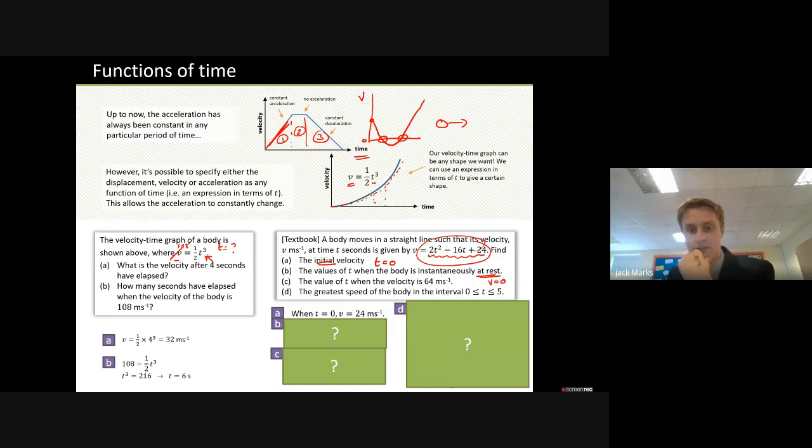So we set the v equal to 0, and we're actually going to solve this quadratic here. Notice it simplifies by dividing by 2 to t squared minus 8t plus 12. If you solve it, we get values of 2 and 6. So there are 2 times where the velocity is 0.